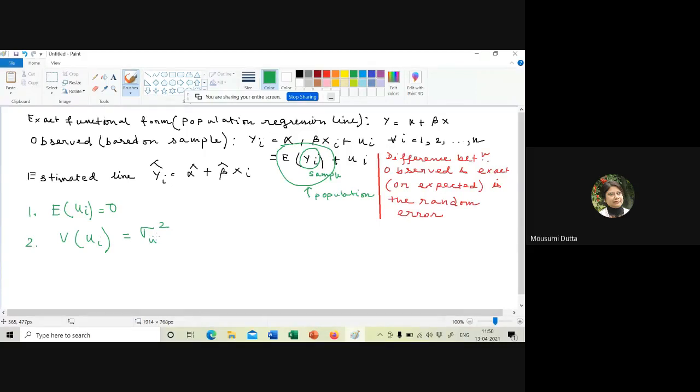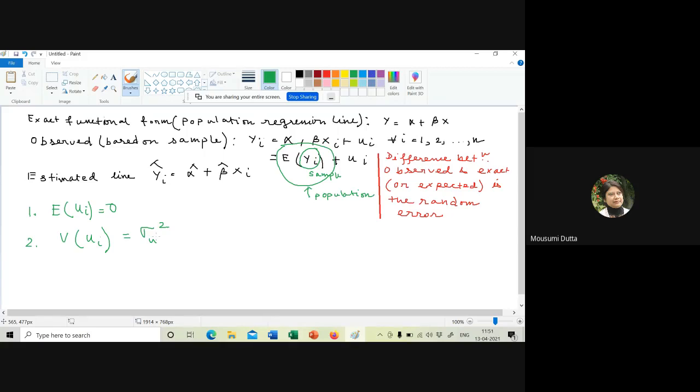This is a stringent assumption. We are assuming that for each and every group for whom we are collecting the data, there will be no variability in terms of the relationship between Y and X. The dispersion of the interrelation between Y and X remains constant across the groups.